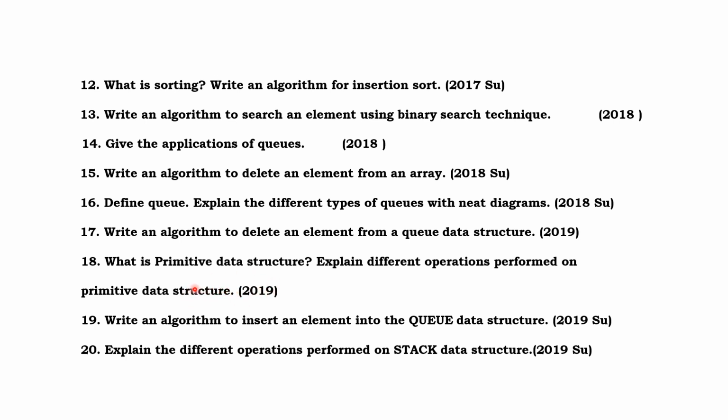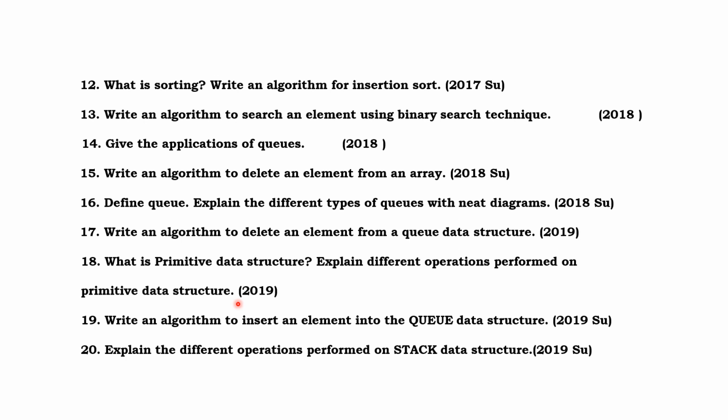2019 annual paper. What is primitive data structure? Explain different operations performed on primitive data structure. So here, primitive data structures are the data structures that are directly manipulated by machine level instructions. Operations that can be performed are only 4: create, update, select and delete.